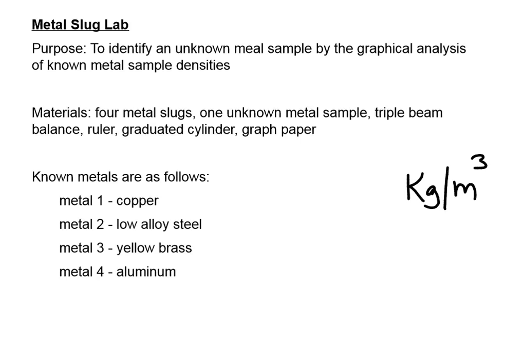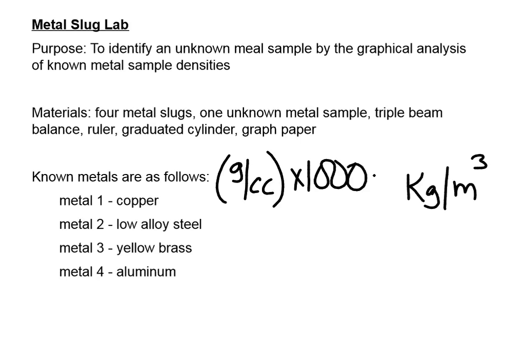But good thing is, all you have to do is take your gram per cubic centimeter value, whatever it happens to be. If you multiply that number by 1,000, then you're going to get the kilograms per cubic meter. Okay. It's just a conversion factor. We'll talk a lot more about conversions later, but for this lab's purpose, we're just going to go ahead and take our calculated unit that we did and then just multiply by 1,000 to get a common unit that is present on the image that you're going to need to use.